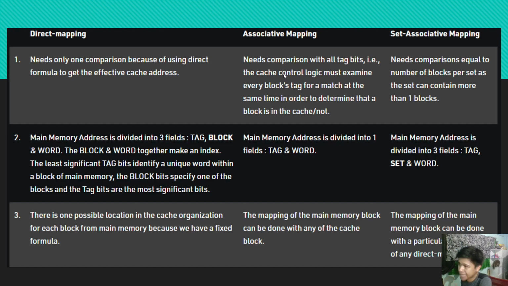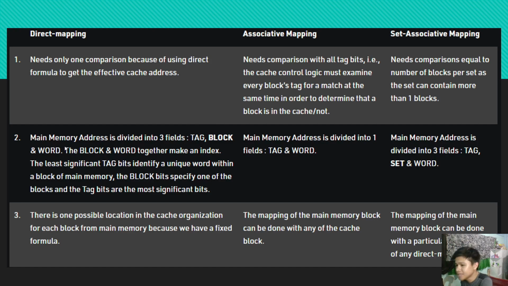For example, the cache control logic must examine every block tag for a match at the same time in order to determine if the block is in the cache or not. Again, they're using a comparator right here, which is an OR gate. For the set associative mapping, this one needs comparison equal to the number of blocks per set, as the set can contain more than one block.